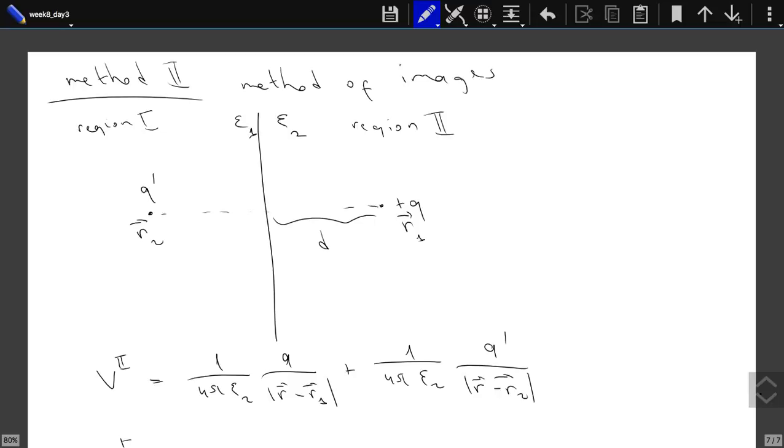So this Q prime will be overlapping with that plus Q. So for an observer on this side, it will only see a single point charge at the position of my original charge. Let me just call that Q double prime. My intuition tells me that this Q double prime should be equal to Q plus Q prime.